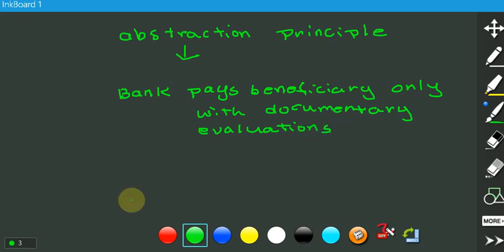The bank pays the beneficiary only with documentary evaluations. Documentary is not physical one.